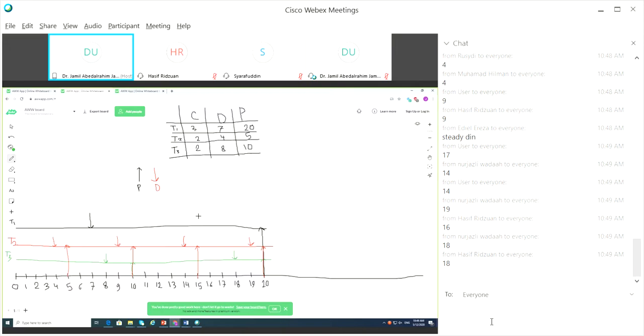We start from 0. We have 3 ready processes, 1, 2, 3. Which one has the closer deadline? T1 at 7, T2 at 4, T3 at 5. So the closer one is task 2, which means we execute task 2 first.